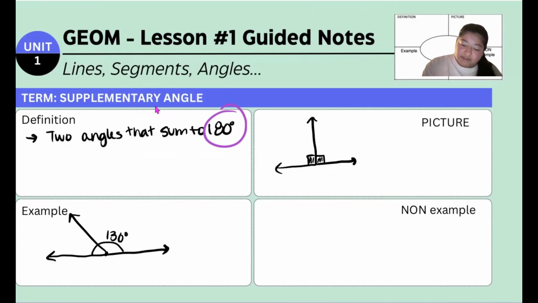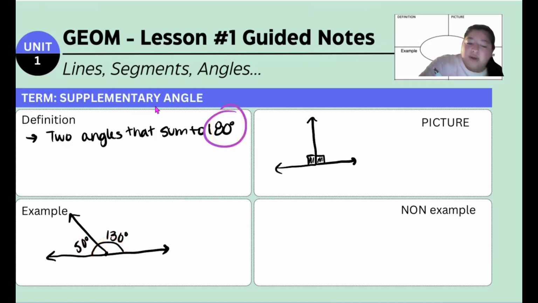But let's say this is 130. How many more do I need? What does this angle need to be to get it to 180? So I'm going to do 180 minus 130. And if this is 50 degrees and that other angle is 130 degrees, 50 plus 130 gives us 180.